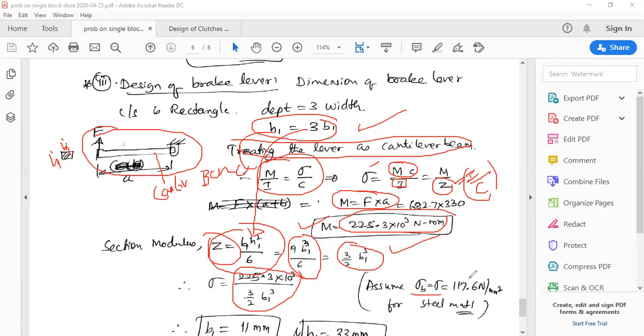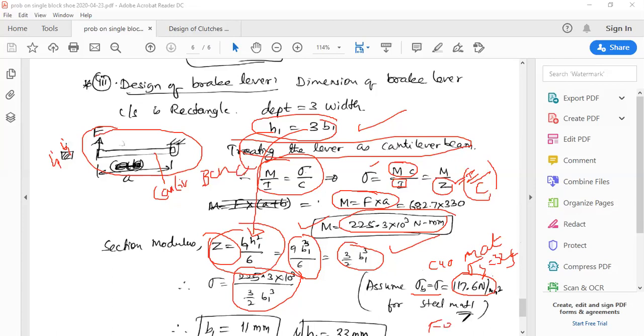But sigma is not given, so it is to be assumed as 117.6. C40 steel is assumed as the material for the lever, and sigma y is equal to 324. Select the factor of safety.